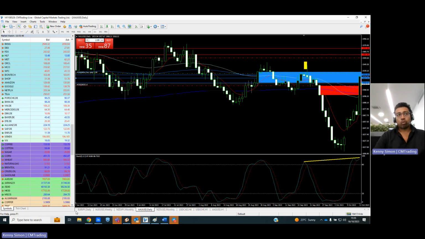So this is where we could see that it's backed up by other currencies as well. We've got safe havens going up, especially the CHF, the Swiss franc, which is categorized as a safe haven together with the Japanese yen, JPY, and also gold and silver.